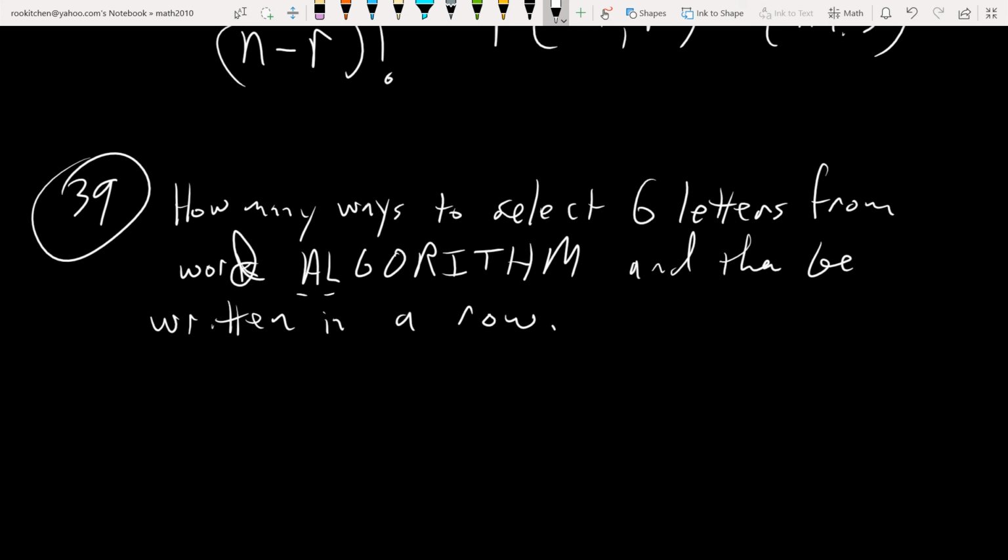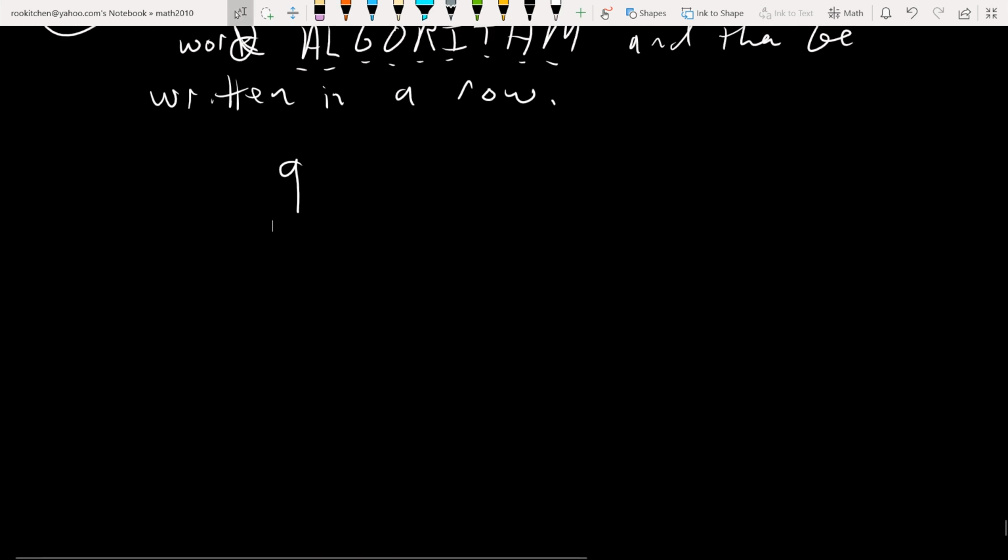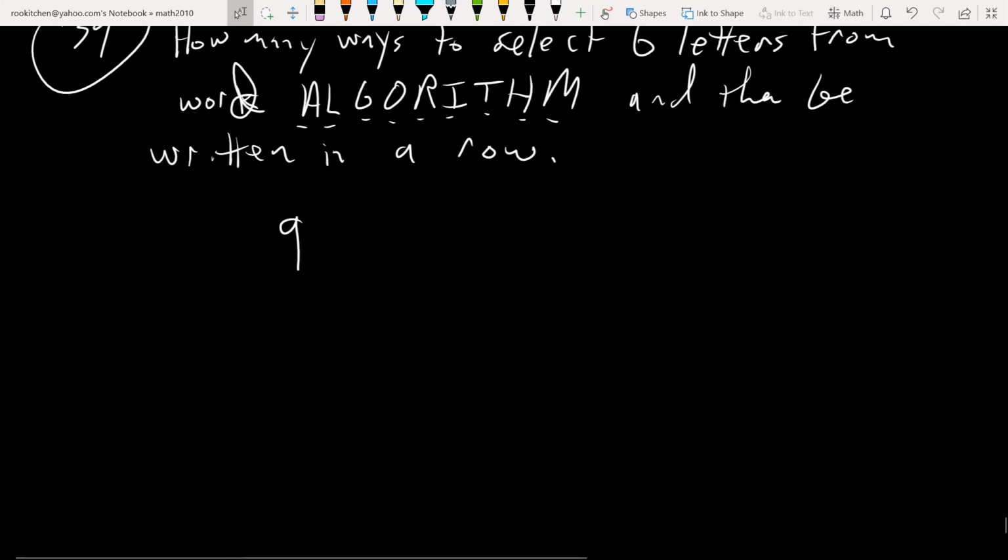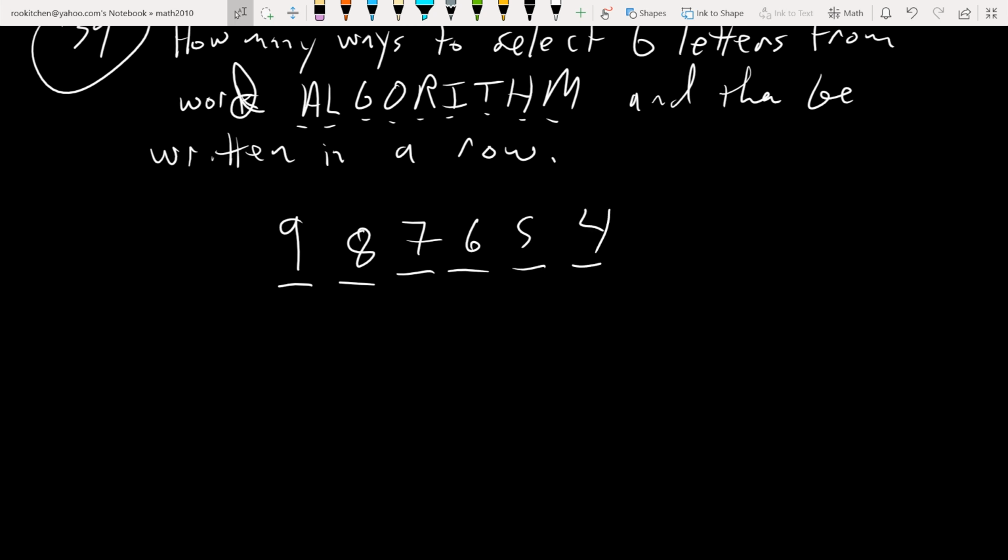There's 1, 2, 3, 4, 5, 6, 7, 8, 9 letters, so we have 9. You could do it the old-fashioned way: the first choice, there's 9 to select from, and then 8, and then 7, and then 6, and then 5, and then 4. We only want to select 6.